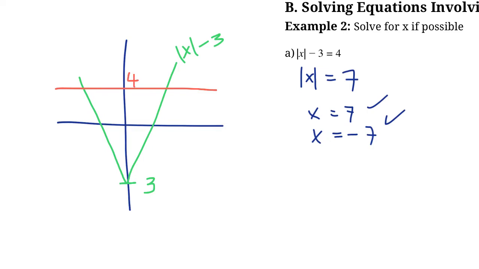Not to scale, but that's okay. So what are our points of intersection of these two things? We see we not only have this positive root over here at 7, but we also have the negative root over here at negative 7. So another way of solving this would be to look at the left side and the right side as 2 separate lines that are going to intersect with that. And we'll see how to do that in the next question that's a little bit more complicated.